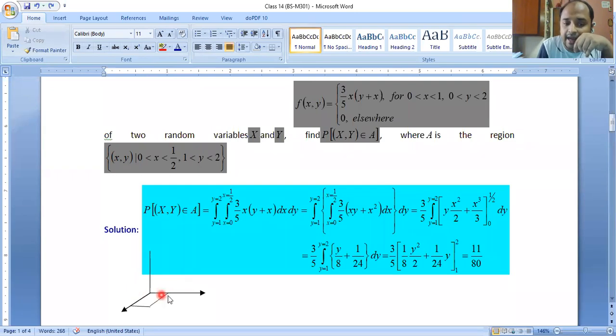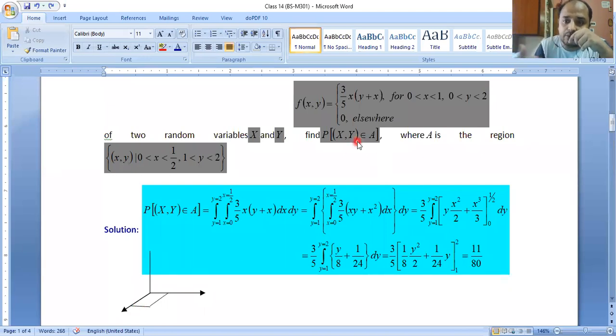I don't know what the shape of this function will be. If we can plot it, then only we can see its actual shape. But I'm just explaining what double integration is. So we are actually calculating the area of the base of this particular function.